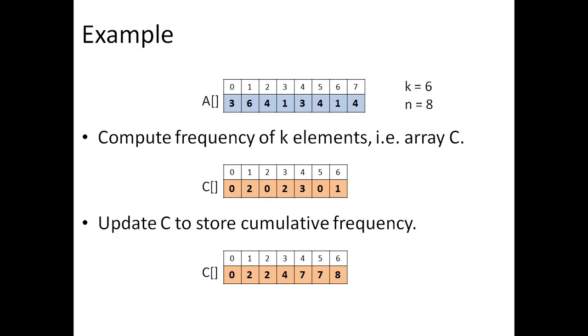Now, this array C is actually interpreting the positions of elements of the array A in the final output sorted sequence.